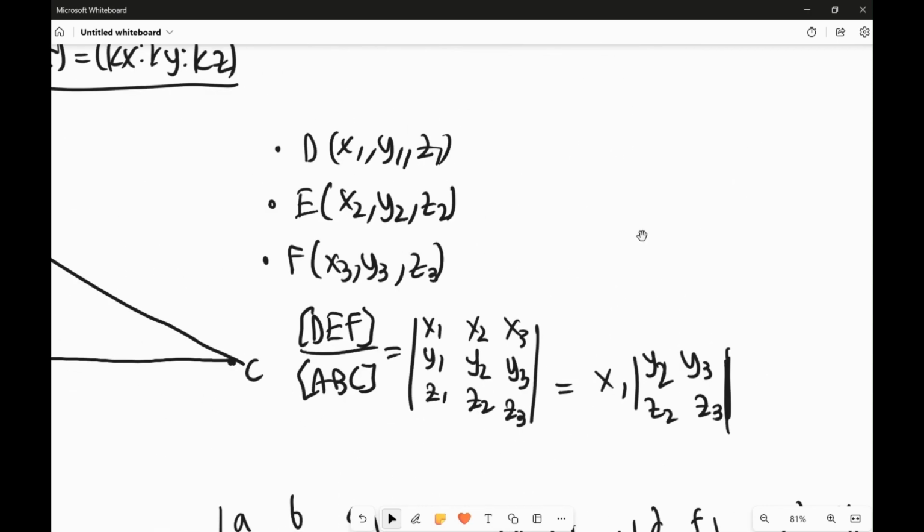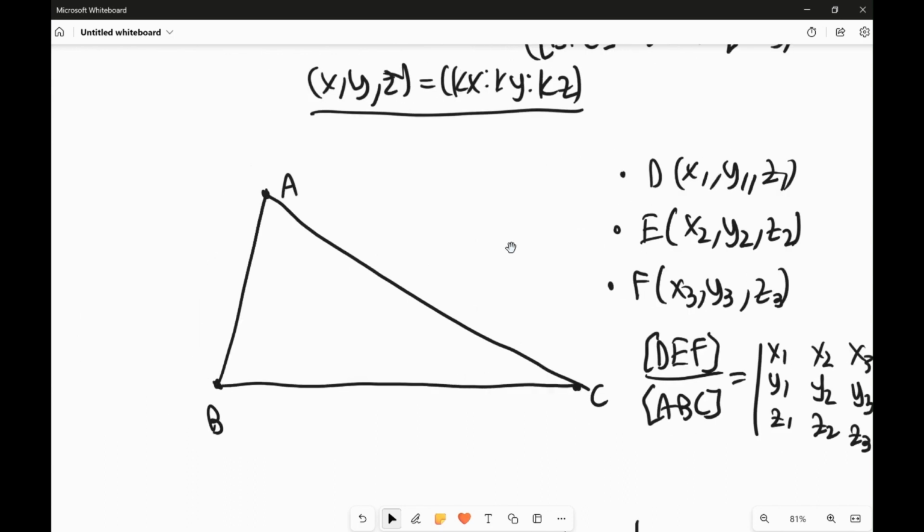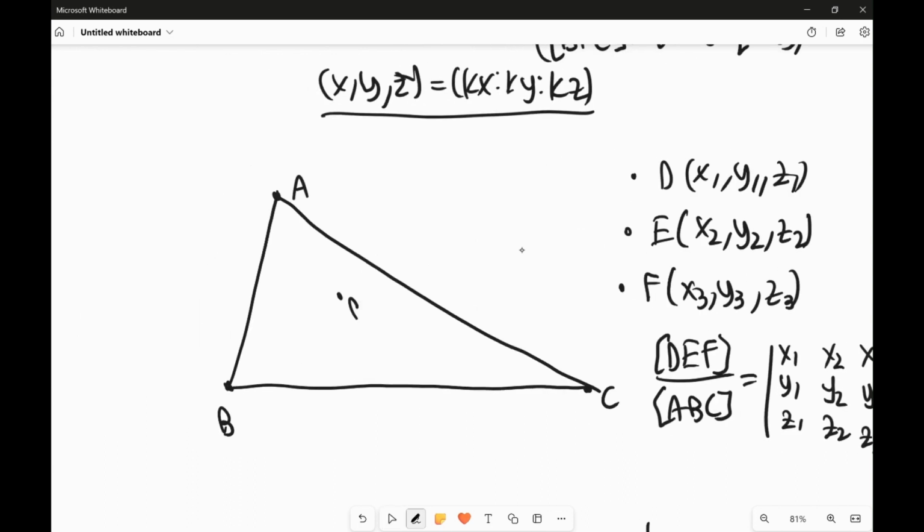So that's what a determinant is, and this is the area formula that will come in handy for the JMO problem. And one last fact is needed. If you have a point P that is (x, y, z), then the line AP is given by the points Q of the form (t, y, z), where I'm using colons.